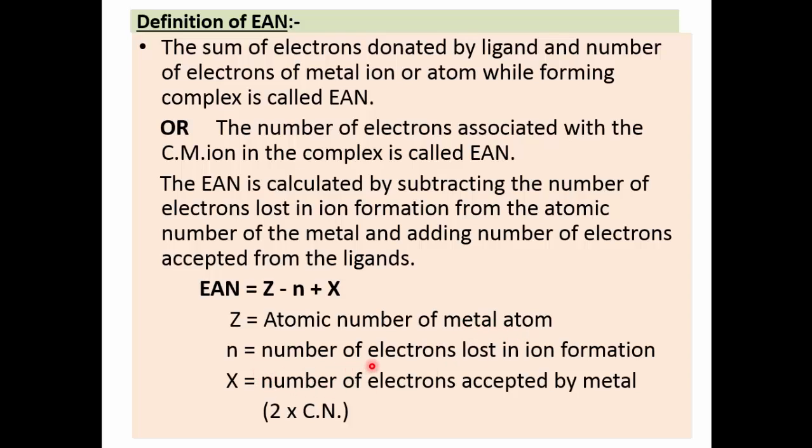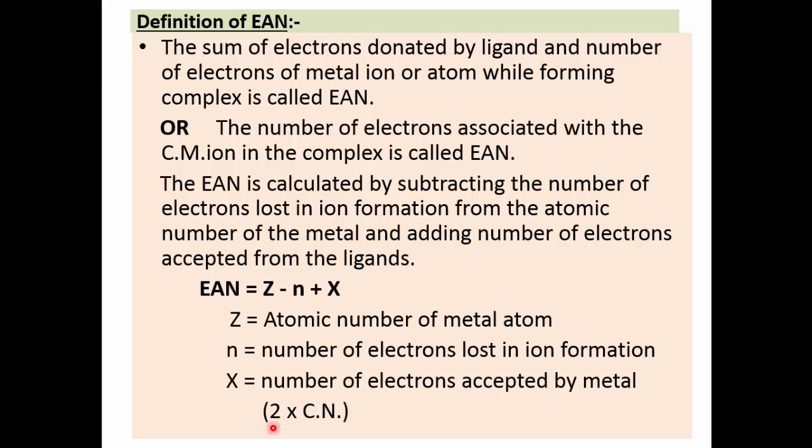N is the number of electrons lost in ion formation, and X is the number of electrons accepted by the metal, or it is also calculated by multiplying the coordination number with 2, because if the coordination number is 4, each ligand donates an electron pair, that means 2 electrons are donated to the metal ion, therefore 4 into 2, 8 electrons are donated to the central metal ion.